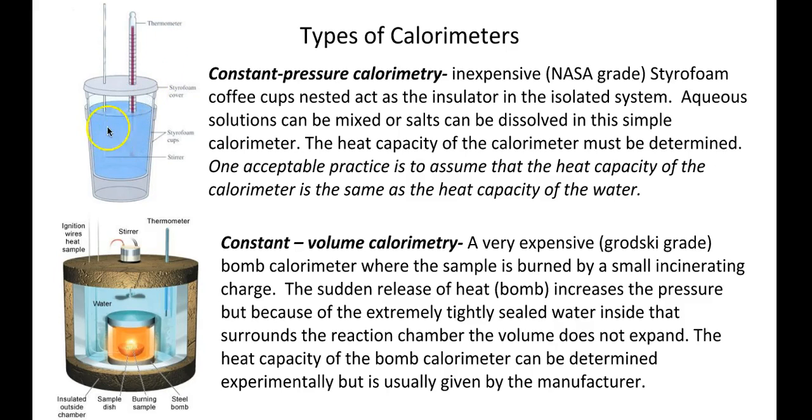Therefore, the values that we measure are usually going to be underrepresentative of what they actually are because of the heat loss outward. Now the bomb calorimeter, more expensive, approximates a more isolated system than this does, but it's constant volume calorimetry and the values we get from it aren't nearly as helpful as the ones in constant pressure. And let's continue.